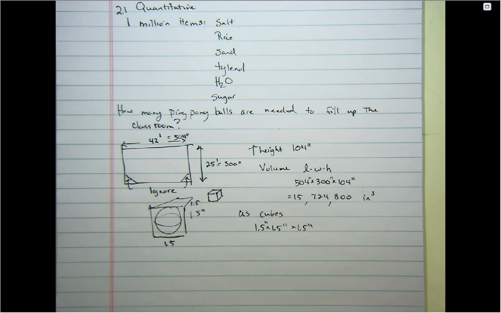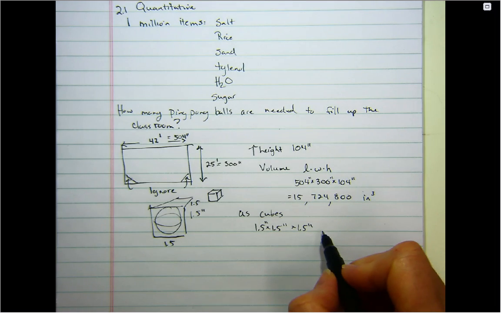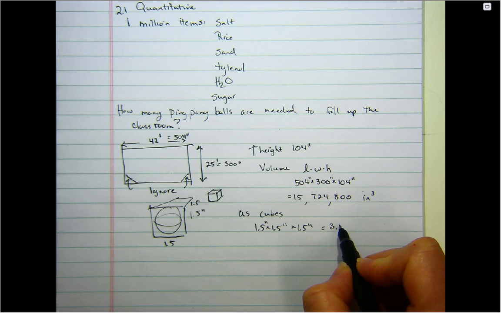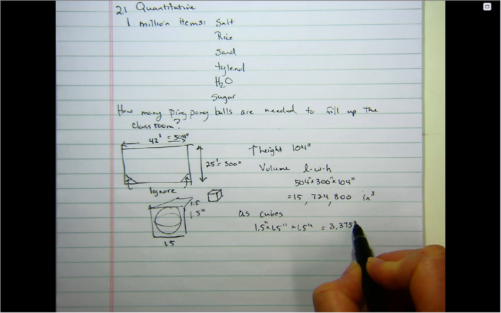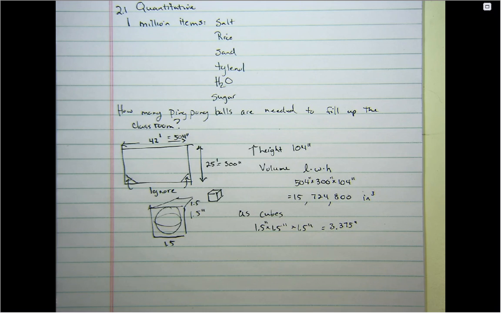Did anybody multiply that out? I feel like I did that earlier. Is it 3.725? No, 3.375. What is it? 3.375. Okay, so now we know how much volume we have to fill. We know how much the balls will take up if they all lined up exactly perfect.